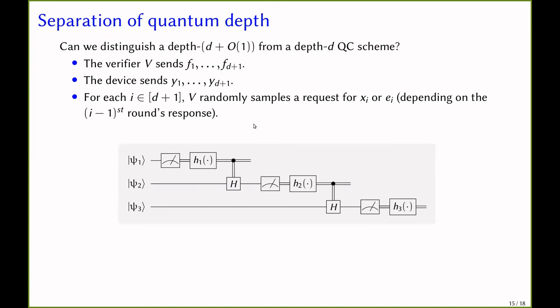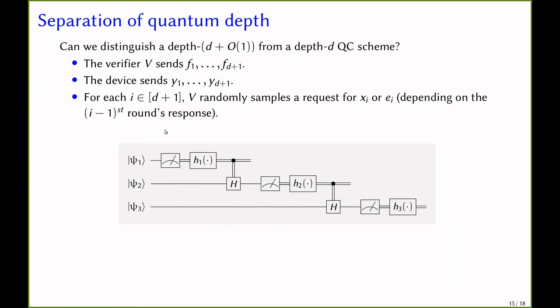For completeness, it suffices to give a depth d plus constant QC scheme for this protocol. So the idea is the following. Initially, it queries a function, which can be done in constant depth, to prepare a superposition of the preimages.